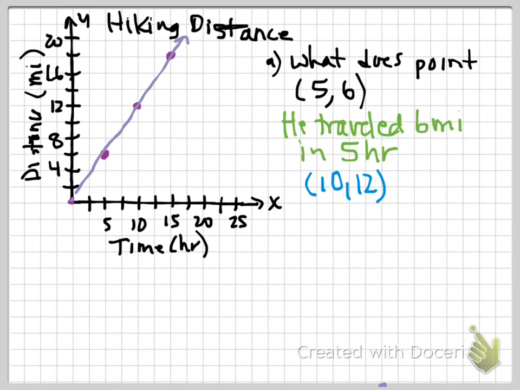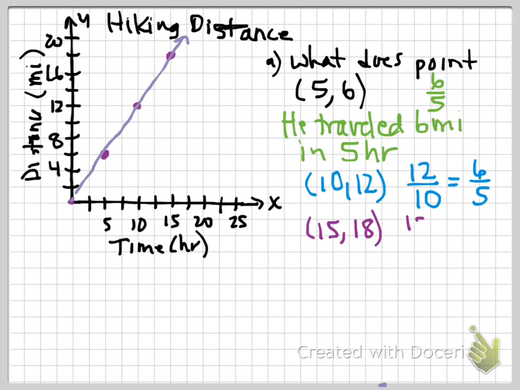So I'm going to go the distance he traveled over the time he traveled. And that reduces to the same thing. We had that up here, right? Distance he traveled over the time he traveled. All right, let's try another point. Time is 15 when distance is 18. So it is the distance he traveled over the time he traveled. See, they have a 3 in common. And notice I came up with the same ratio every time.